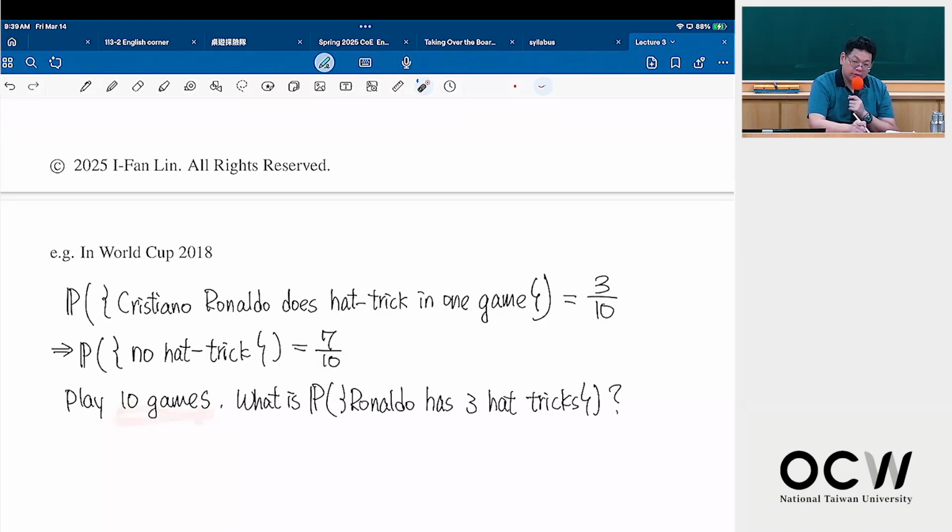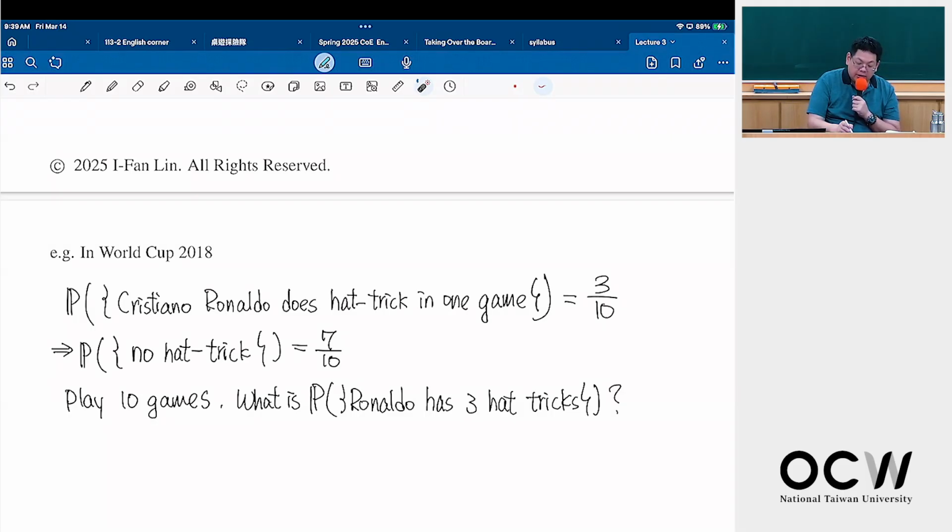So over these 10 times, I want to know the probability of getting just 3 hat tricks, just 3 yes. So in this case, based on 10 times, I got 3 yes. The Bernoulli random variable becomes binomial or geometric, because here we have 2, right? Based on the Bernoulli, we have binomial and also geometric.